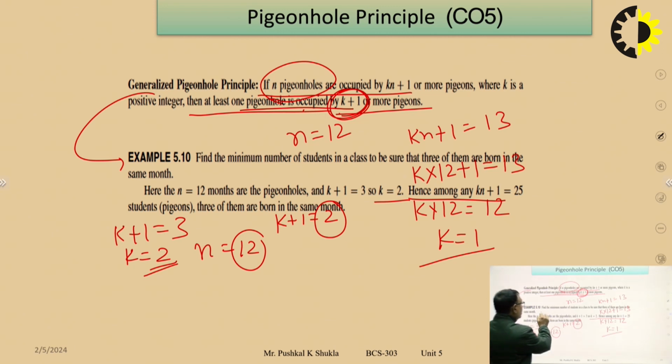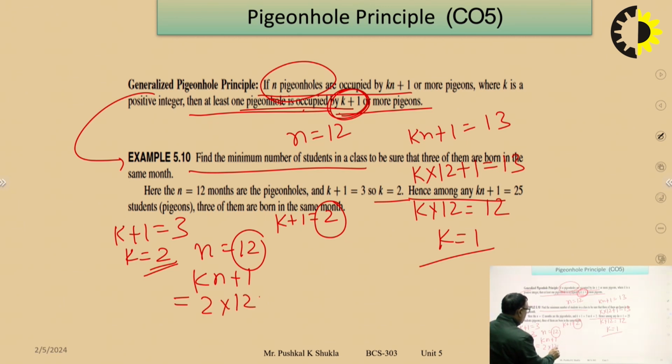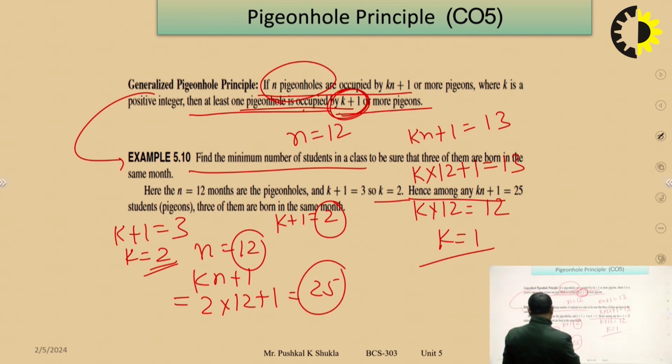So the minimum number of students in a class to be sure that 3 of them are born in the same month will be kn plus 1. That is 2 into 12 plus 1 equal to 25. So this will be 25.